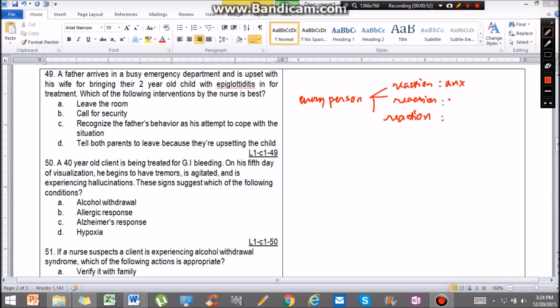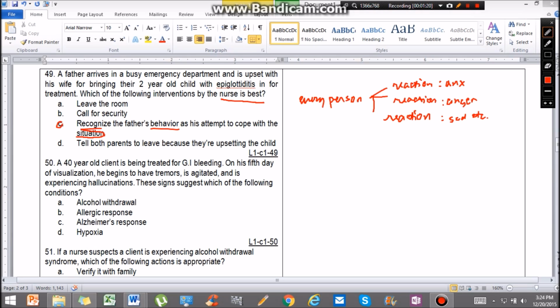Okay? Again, every person has different ways of reacting to a situation. Reactions may be anxiety, anger, sadness, etc. Now, in this situation, the father is upset, and the question here is what's the nurse's best intervention? Knowing the fact that every person has a different way of reacting, the best answer should be letter C. You recognize that this behavior is his attempt to cope with the situation.